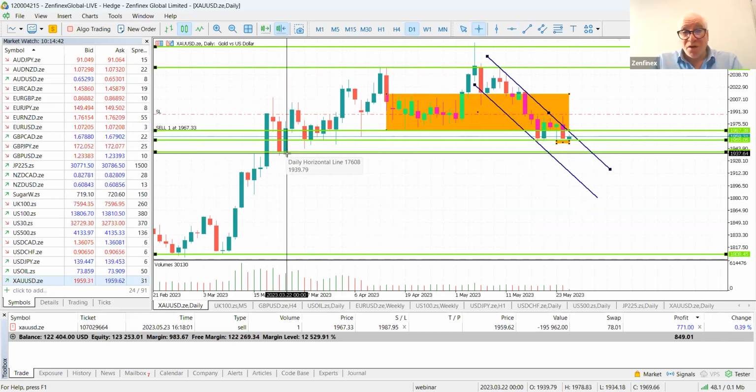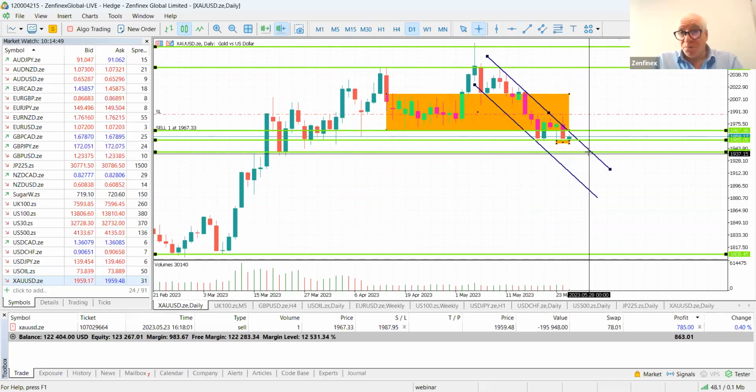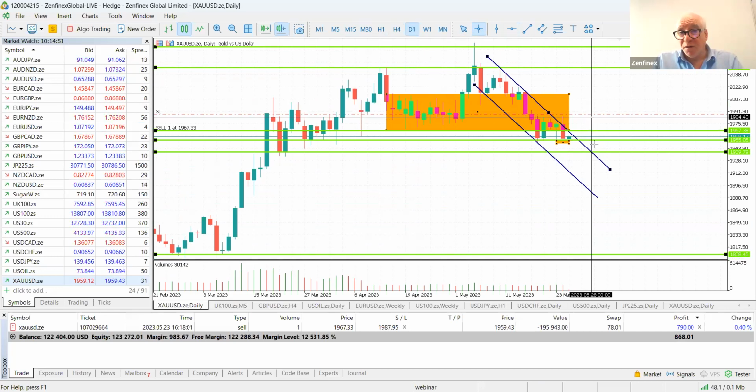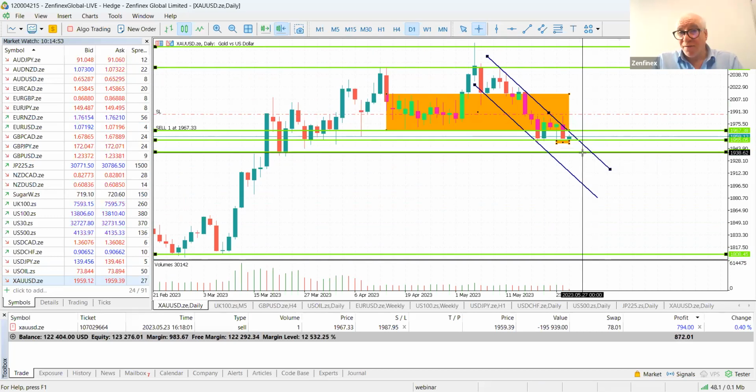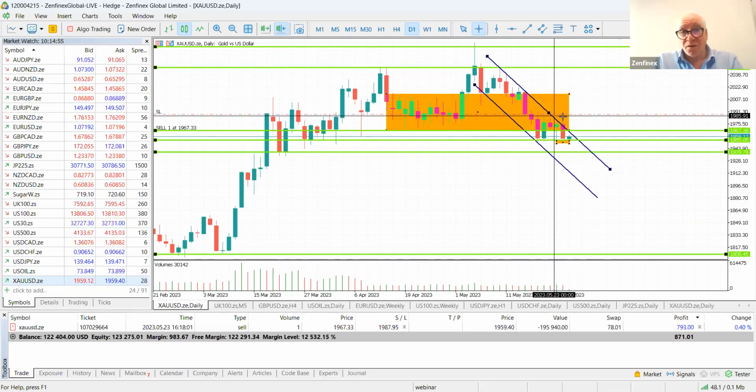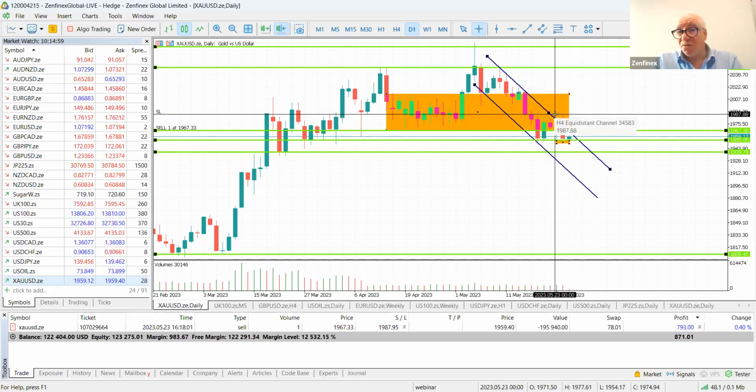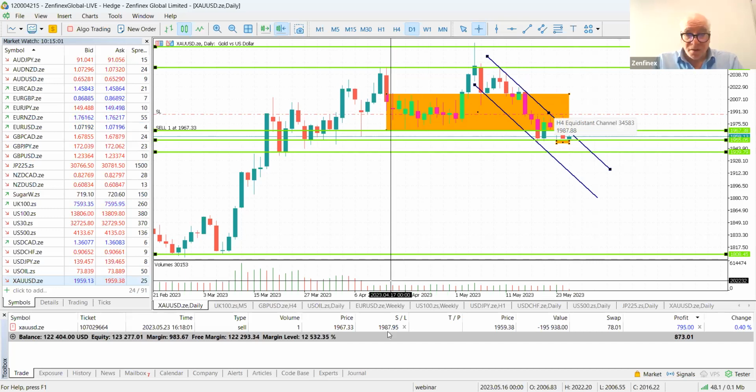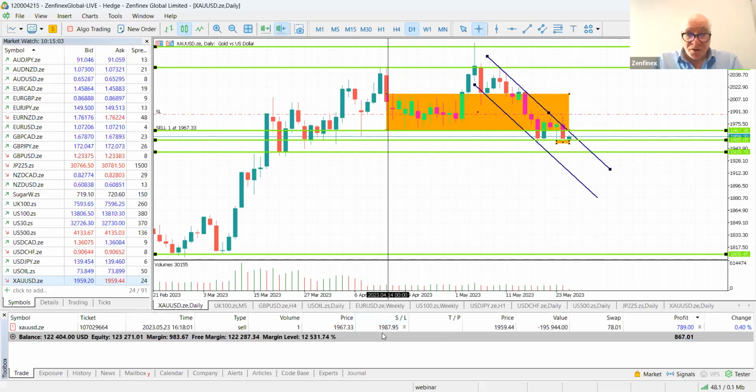So what I may do is put a break even when we hit this level here. At the moment, I'm content with leaving my risk above these two lines here, which is around 1987. Sorry, my stop loss is at 1987.